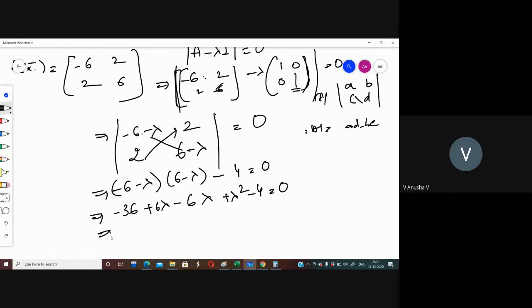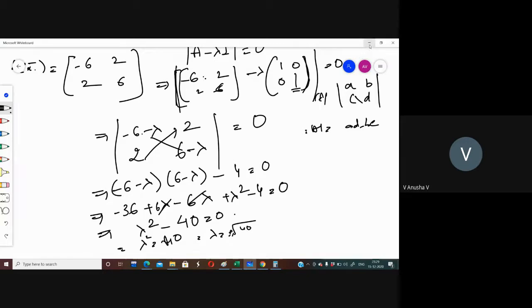Then you will be getting lambda square minus 40 equals 0. Then lambda square equals 40. Lambda equals plus or minus root of 40.